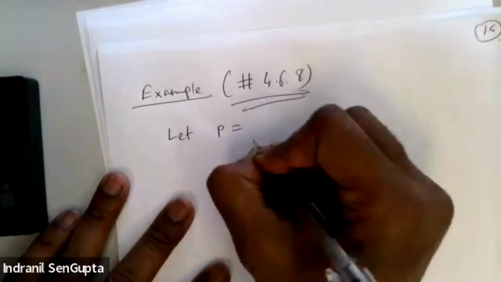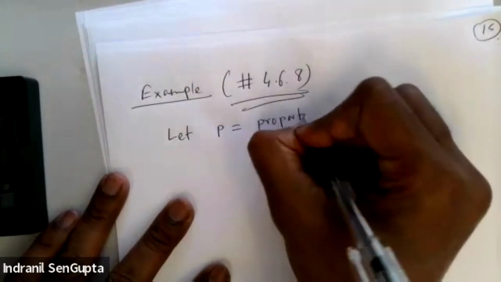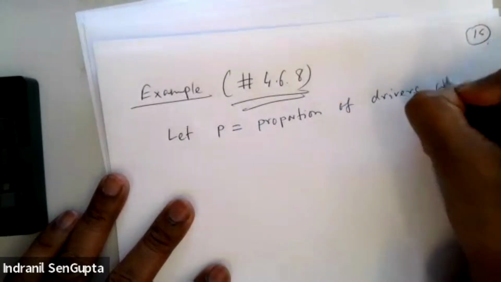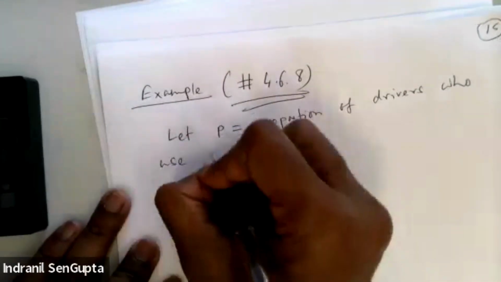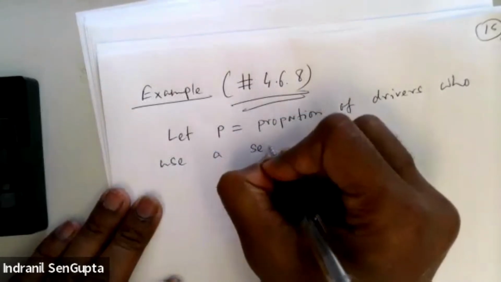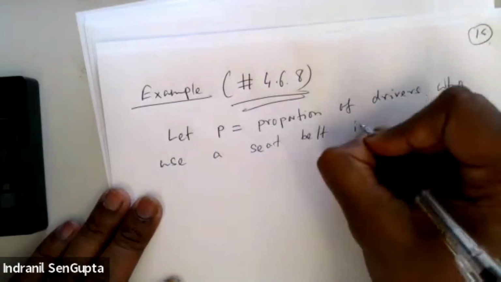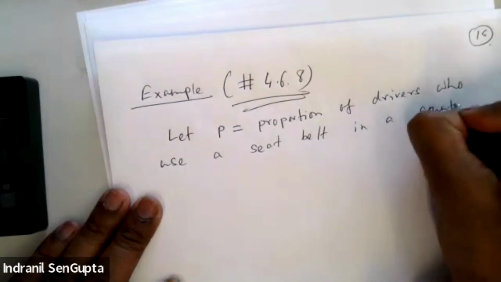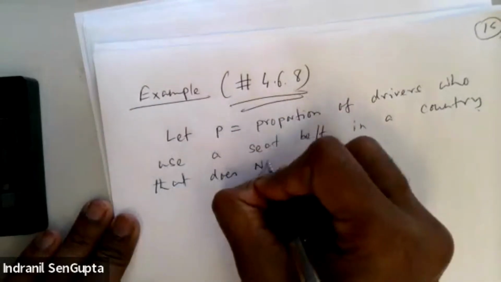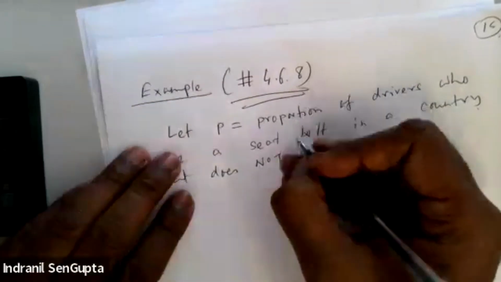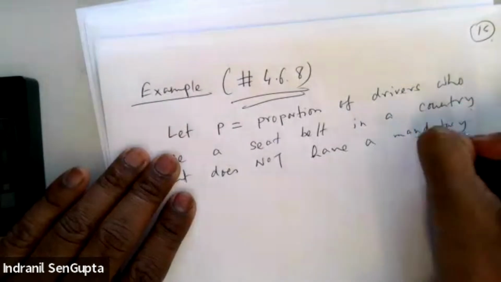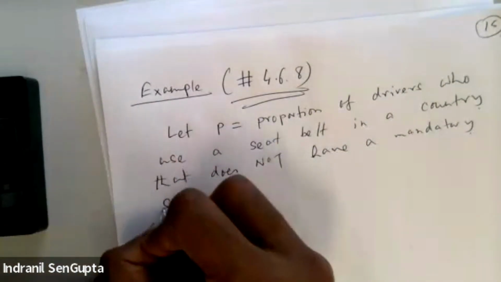Let p equal the proportion of drivers who use a seat belt in a country that does not have a mandatory seatbelt law.